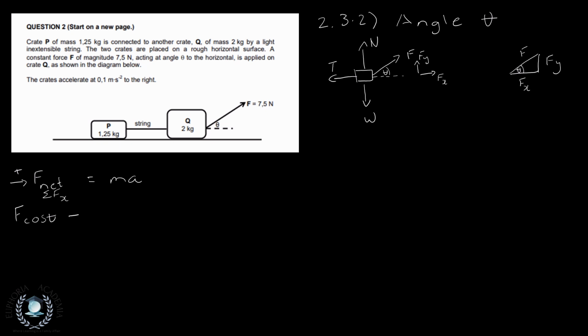F cos theta minus the tension, which is the only other force acting in the horizontal, is equal to our mass times acceleration, and we're going to have our force F being equal to 7.5 newtons as we were given, multiplied by cos theta minus the tension that we had in the beginning, which is 1.93, is equal to 2 multiplied by our acceleration 0.1, because this acceleration is applied to all of our masses in this question.